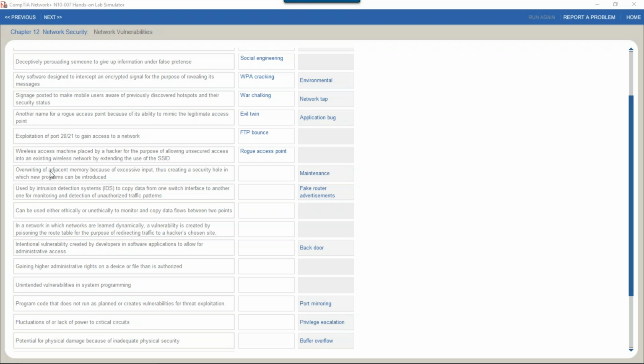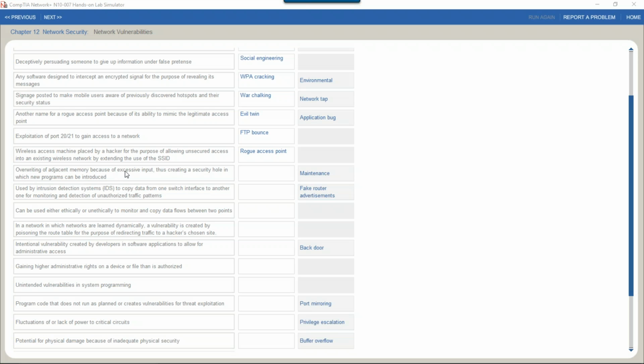Okay. Overwriting of adjacent memory, not so much. But the overwriting of adjacent memory because of excessive input, this kind of gives it away right here, right? And this is just the result of that.